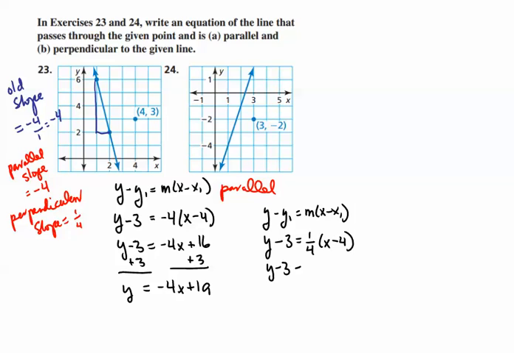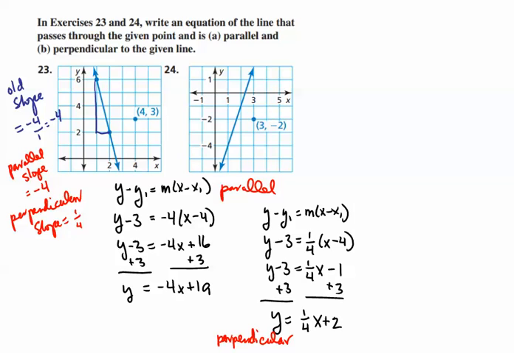I get y minus 3 is equal to 1/4 x minus 1, plus 3, and I have y is equal to 1/4 x plus 2, and this is my perpendicular here. Alright, so that's for A.